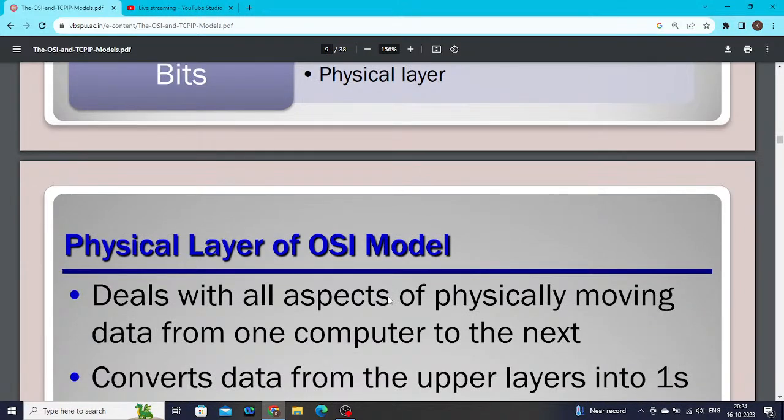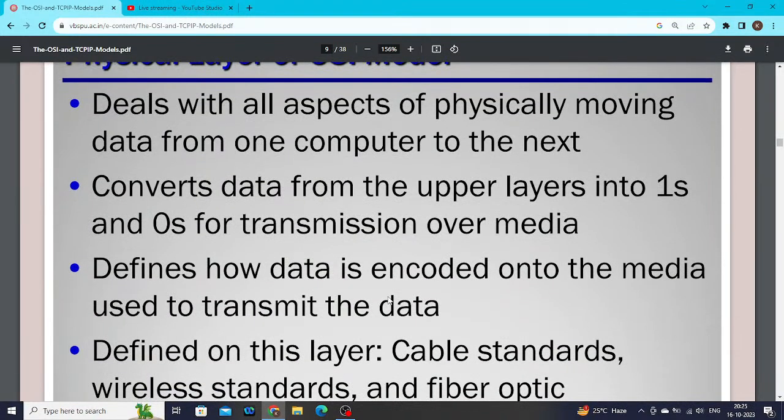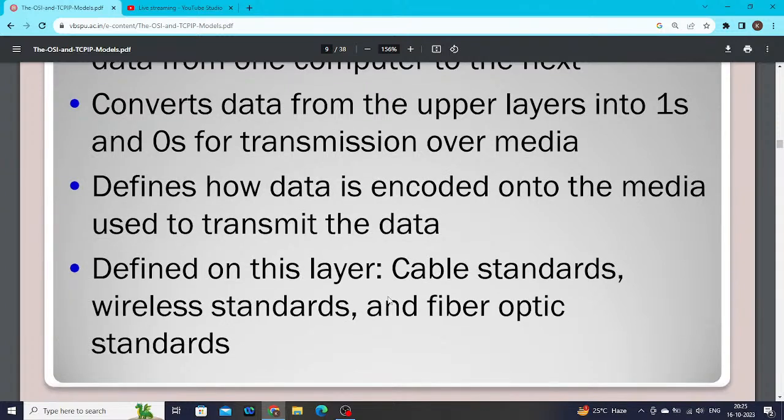The physical layer of the OSI model deals with all aspects of physically moving data from one computer to the next. It converts data from the upper layer into ones and zeros for transmission over media, a bits format of 0 and 1. It defines how data is encoded onto the media used to transmit the data.